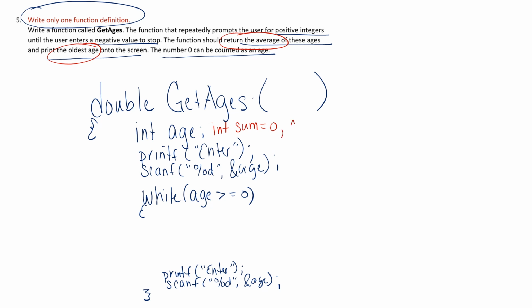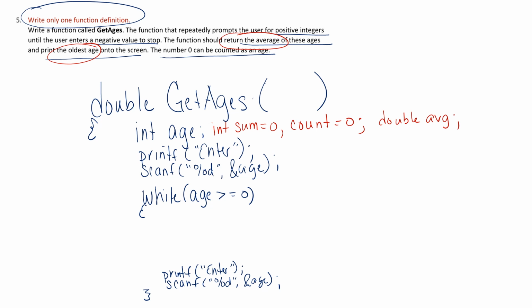I also need to have a count to count how many I've entered in order to calculate the average. And I'm going to also declare an average. So I have an average, a sum, and a count. And then I also need to get the oldest age, but let's deal with the sum first.